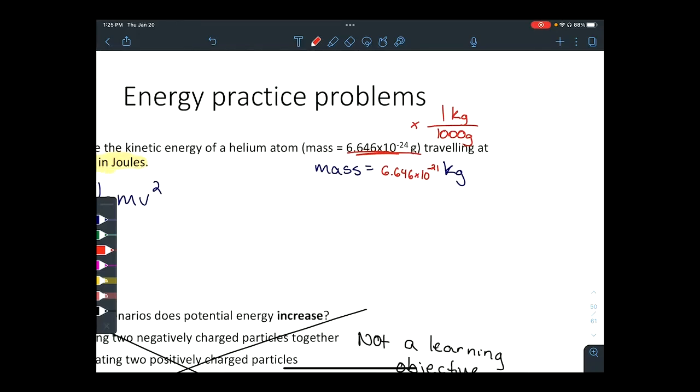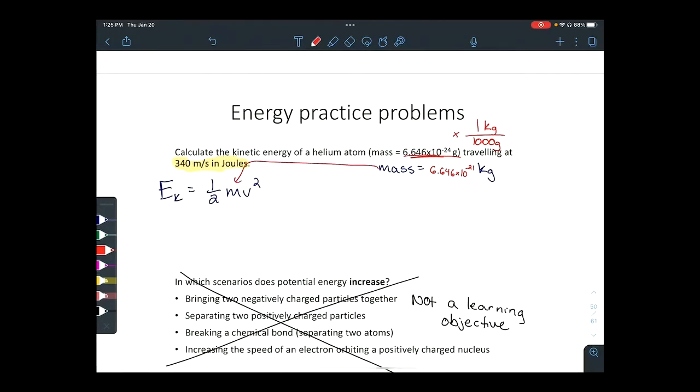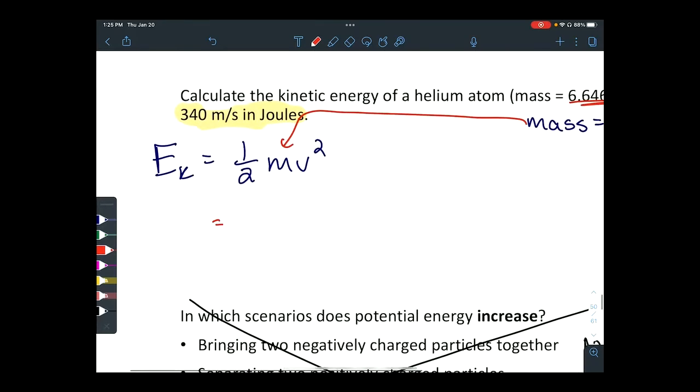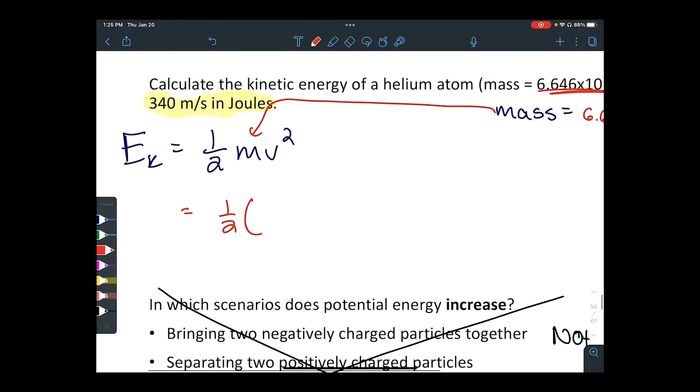So there's my mass. That's the value that I will put into that equation. And then I am given the velocity, 340 meters per second, so I can just put that straight into the equation. So in my calculator, we'll go 1/2 mass, so 6.646 times 10 to the negative 21 kilograms times 340 meters per second squared.